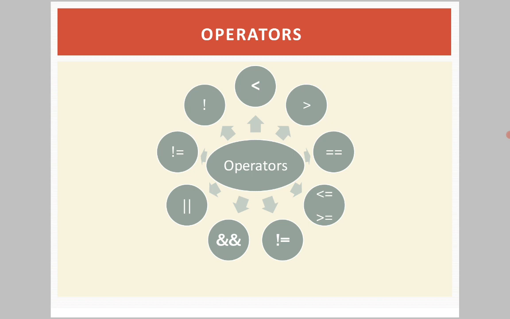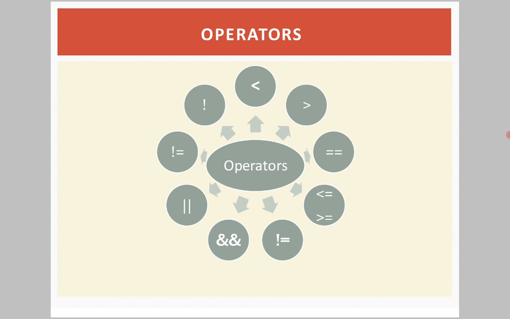This slide explains the different types of operators in C. To test a given condition, these operators are generally used: less than, greater than, double equals to, less than or equal to, greater than or equal to, not equal to, and, or, not.